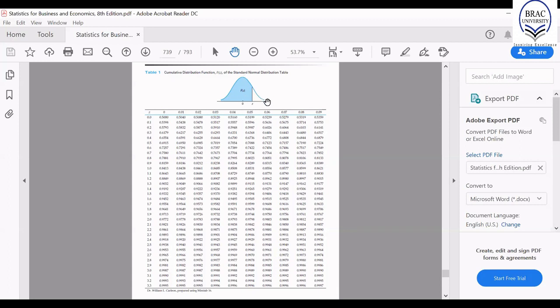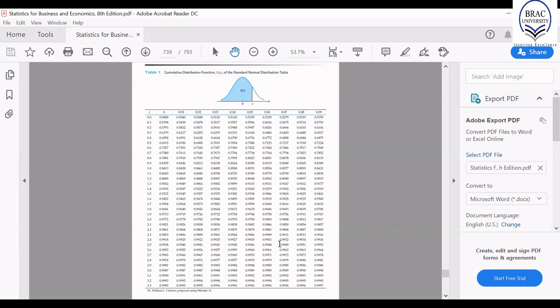The upper tail has 0.5 of all the probabilities, right? Hence, you can see the probabilities start with a 0.5 and they end at 1. The total probability is equals to 1, and this is almost close to 1. So from 0.5 to 1, you have over here, which are all the probabilities relating to the upper tail.